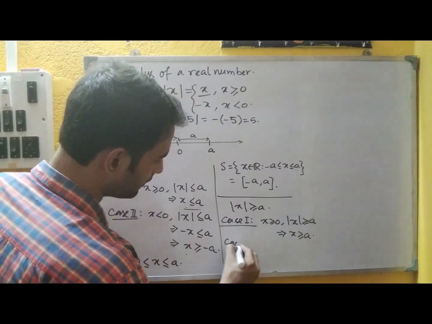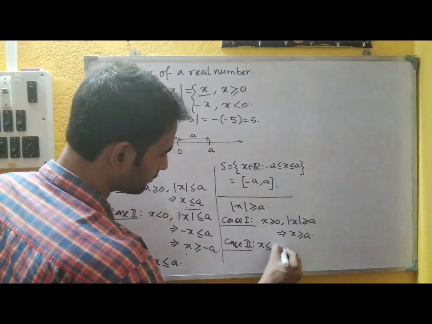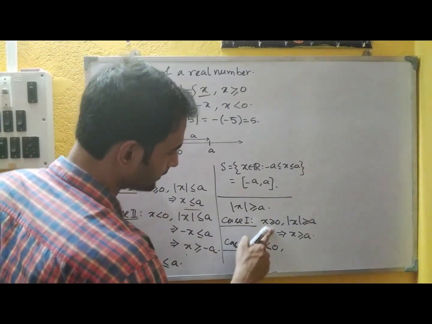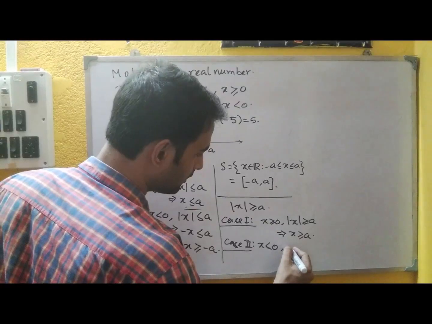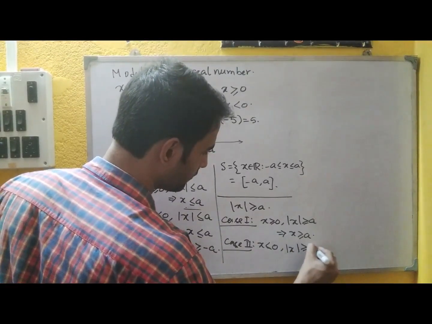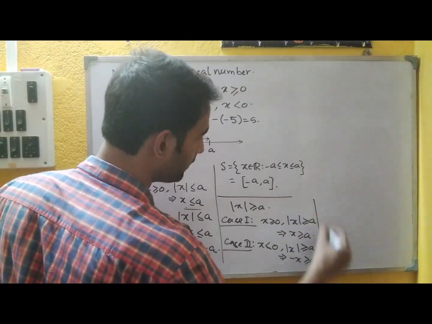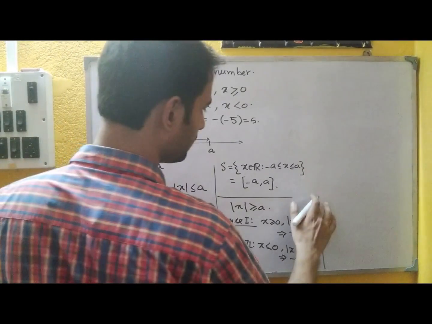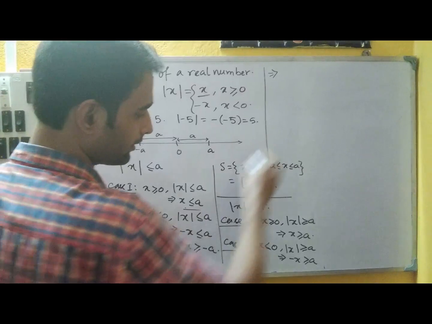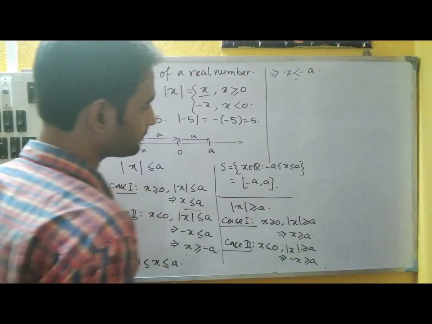And if x is taken less than 0, because equality is considered here, then mod x greater or equals to a means minus x greater or equal to a. That will imply x less or equal to minus a.